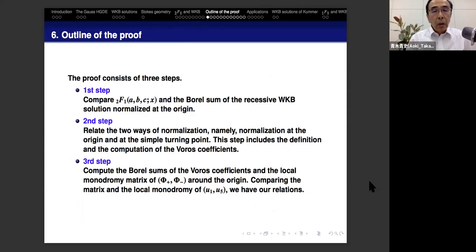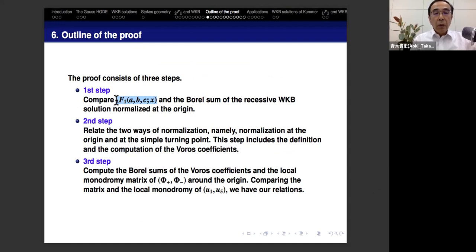The proof consists of 3 steps. First step, we compare 2F1, that is the classical hypergeometric function. Of course, alpha, beta, c contains the large parameter.